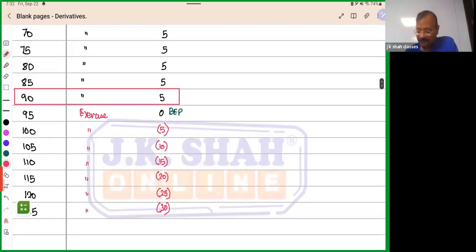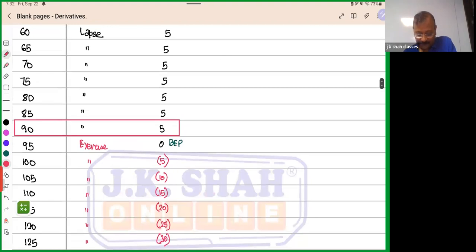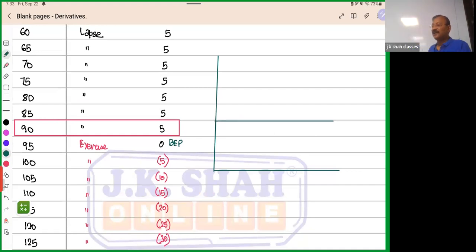Okay. Now, if we were to plot this on graph paper, how will the shape of the diagram look? This is what we call the short call payoff diagram.